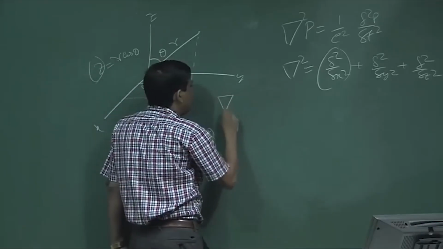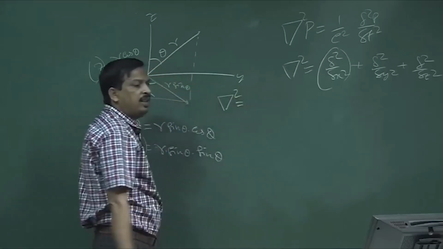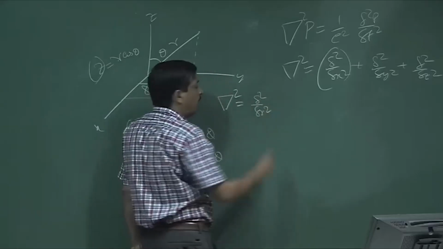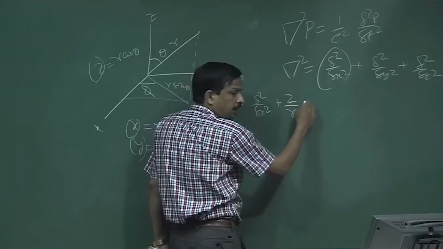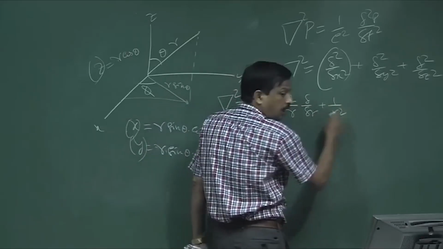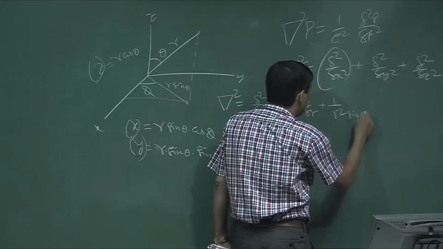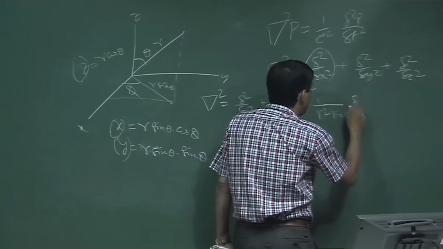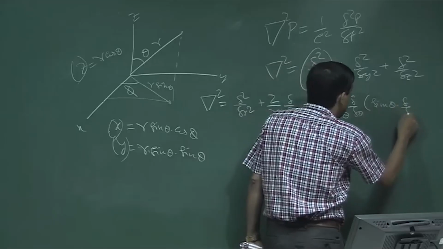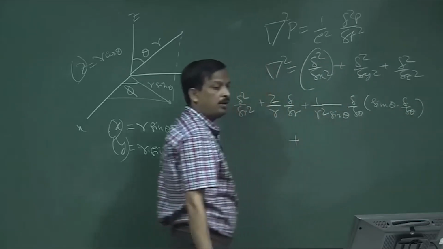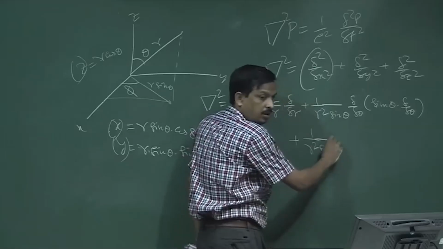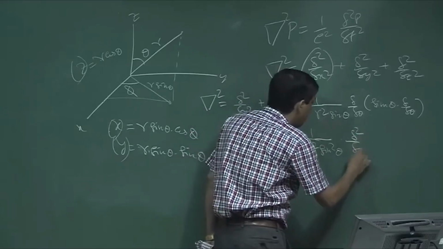Eventually this Laplacian operator becomes, in the r, theta and phi domain, del square by del r square as the first term, plus 2 by r del by del r, plus 1 by r square sin theta into del by del theta of sin theta del by del theta, plus 1 by r square sin square theta into del square by del phi square.